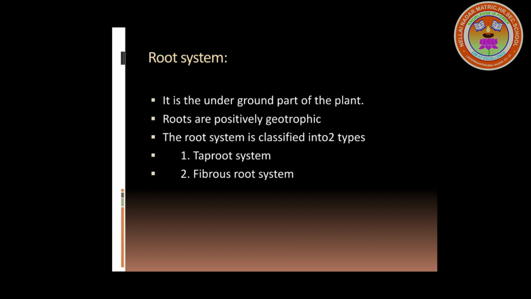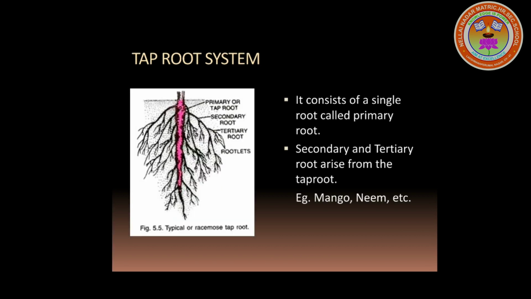Are you clear? Yes. So, basically we have two different types of root system. They are the taproot system and the fibrous root system. Let us see the taproot system. What is this taproot system? It consists of a single central root which is called a primary root.